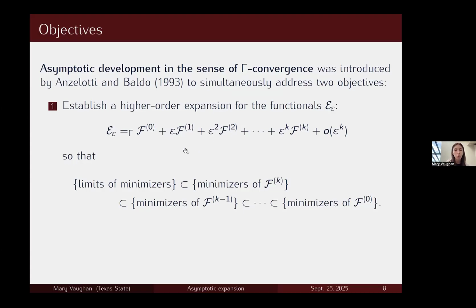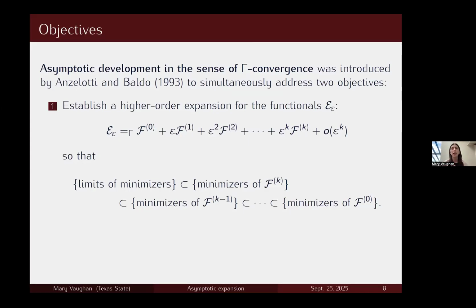And we want to do this in a way so that when I take limits of minimizers of my epsilon energy functional, they're not just minimizers of your F0, they're minimizers of F1, F2, all the way up to whatever order of gamma convergence you have.